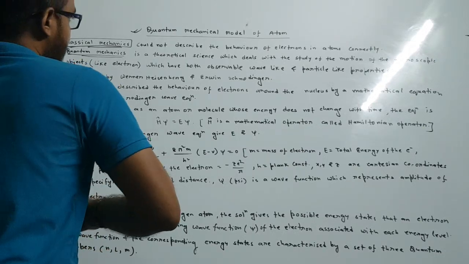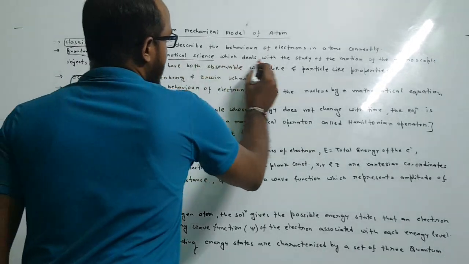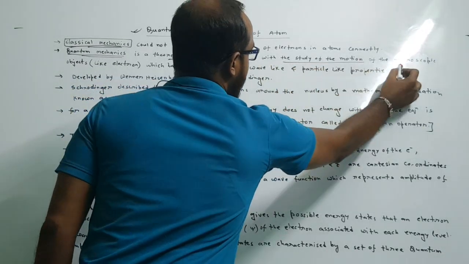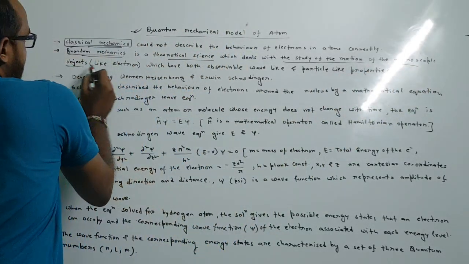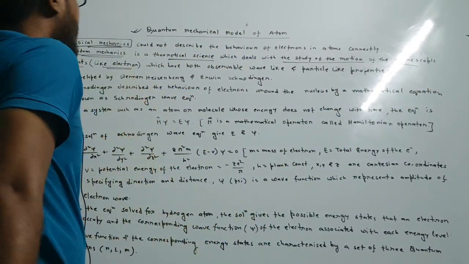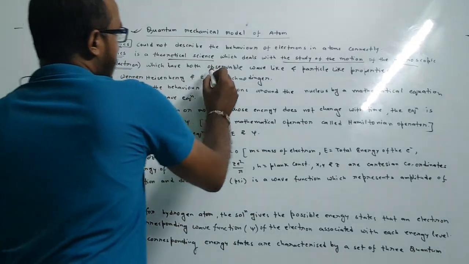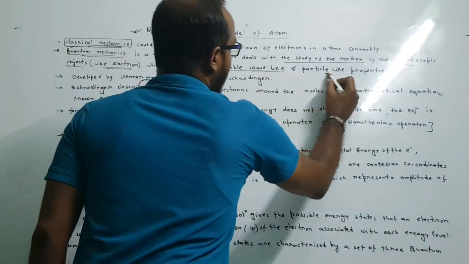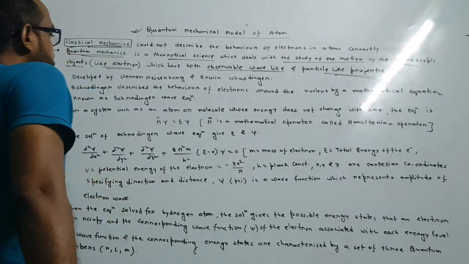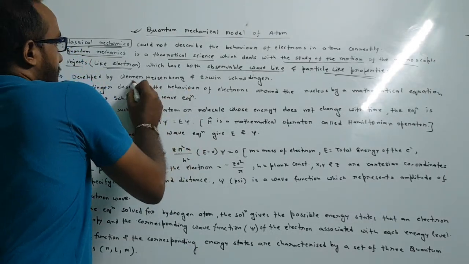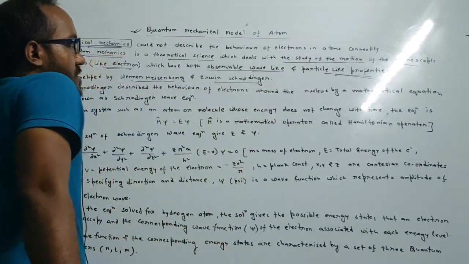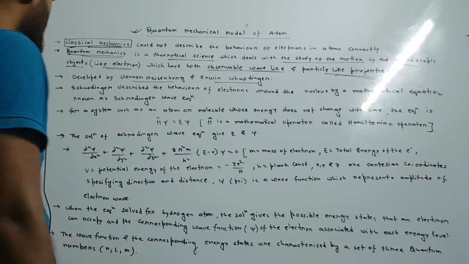Quantum mechanics is a theoretical science which deals with the study of the motion of microscopic objects, such as the electron, which shows both wave-like and particle-like nature. It was developed by Werner Heisenberg and Erwin Schrödinger.